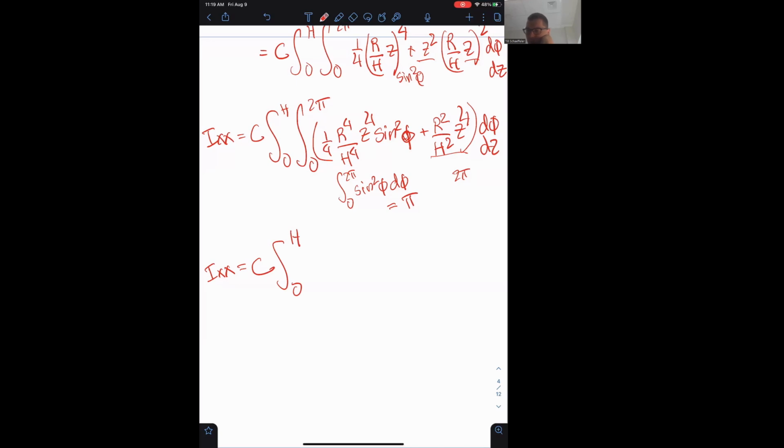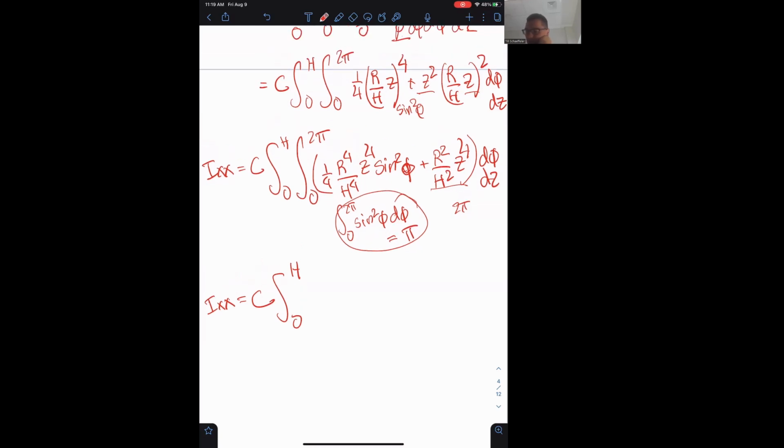If you don't believe me on this part, you can use integralcalculator.com or Wolfram Alpha. Because it's squared, everything is positive, so it's sine squared from 0 to 2 pi. It's 0 at all these spots because sine is 0, so it looks something like that. And the area under this is equal to pi.